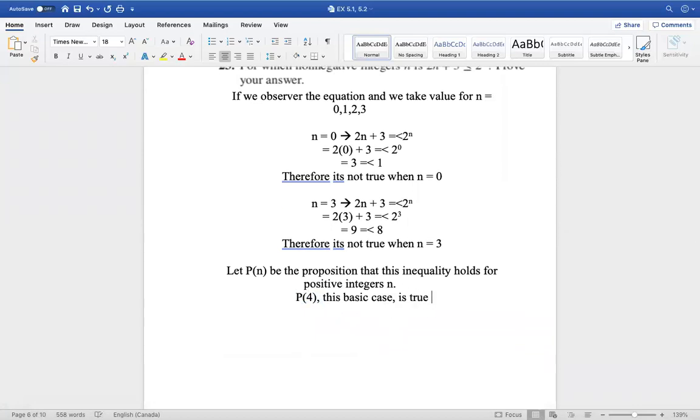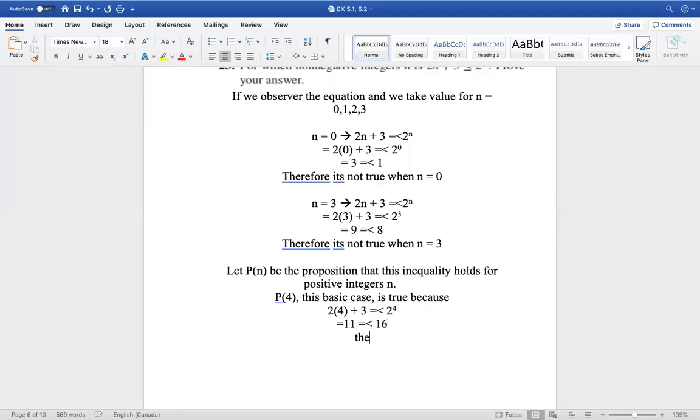It is true because, just copy this, 2 times 4 plus 3, so we replace n with 4, which we know is 11, and 11 is less than or equal to 2 to the power of 4, which is 16.